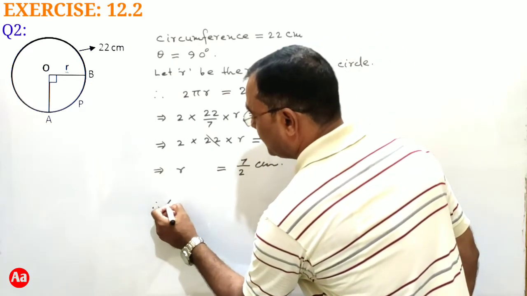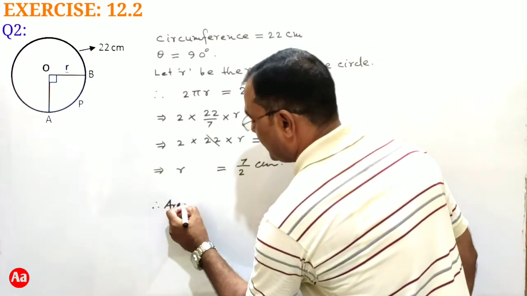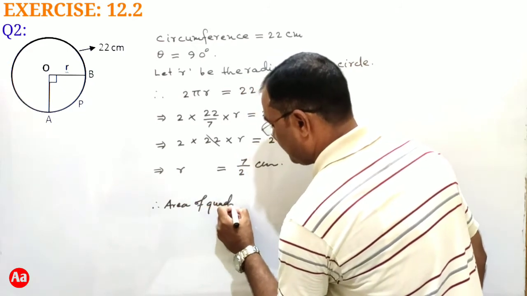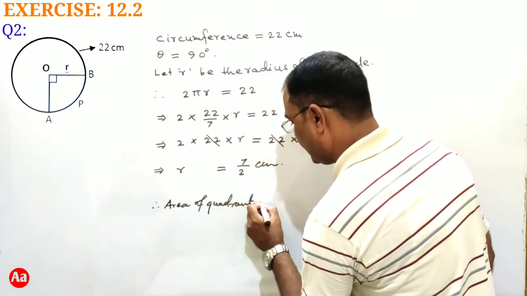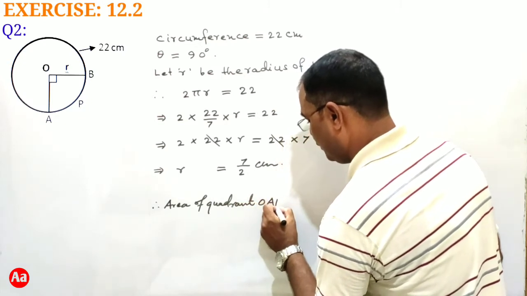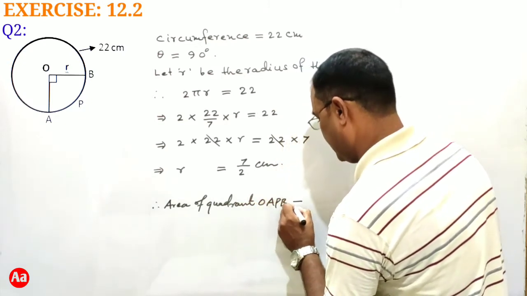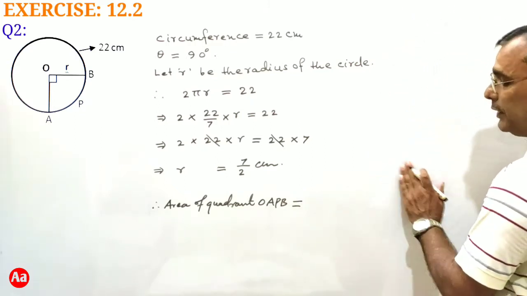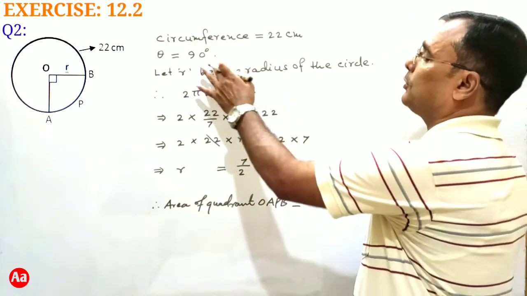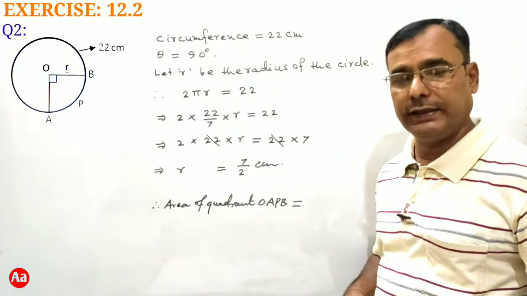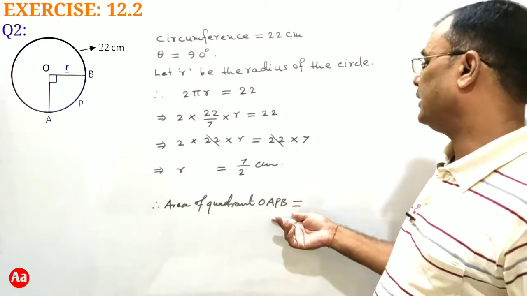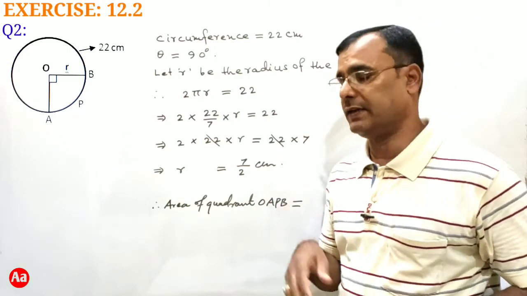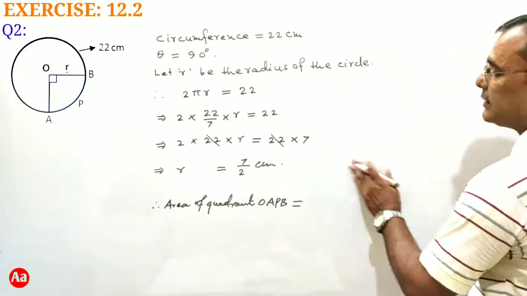Therefore area of quadrant OAPB is equal to, here either we can use this sector formula with sector angle 90 degrees, or we can use quadrant is 1/4 of a circle. So both ways we will reach the same answer.